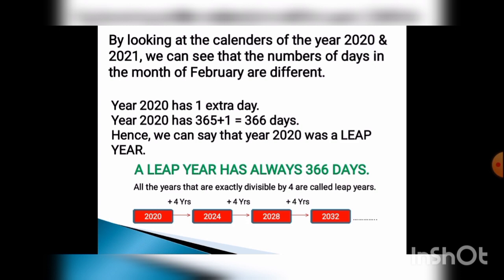A leap year always has 366 days. All the years that are exactly divisible by 4 are known as leap years. 2020 plus 4 years, that is 2024, then 2024 plus 4 years will be 2028. Next, plus 4 years, 2032 will be a leap year.